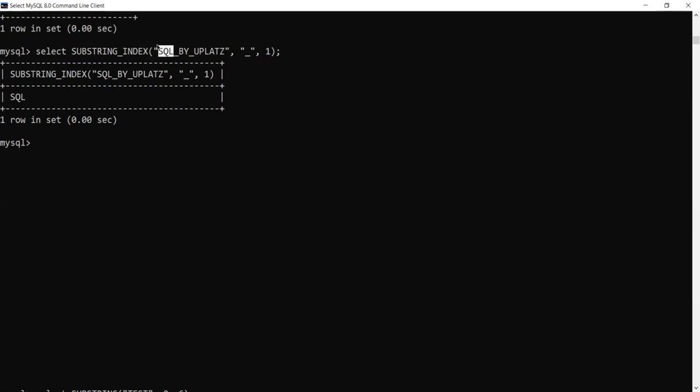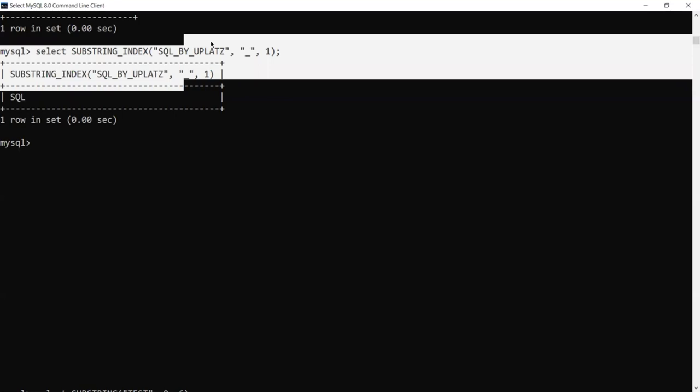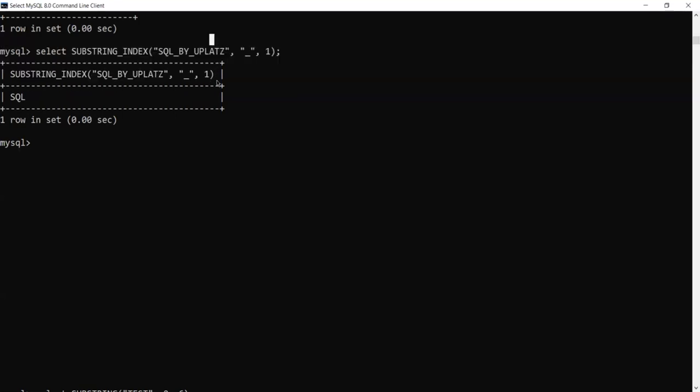Semicolon, colon, or anything that is dividing your statement into different sections are your delimiters. Here, as you can see, my delimiter was underscore. What this delimiter is doing is dividing one statement into three sections. SQL will become one section, by will become another section, and then uplats will become another section.